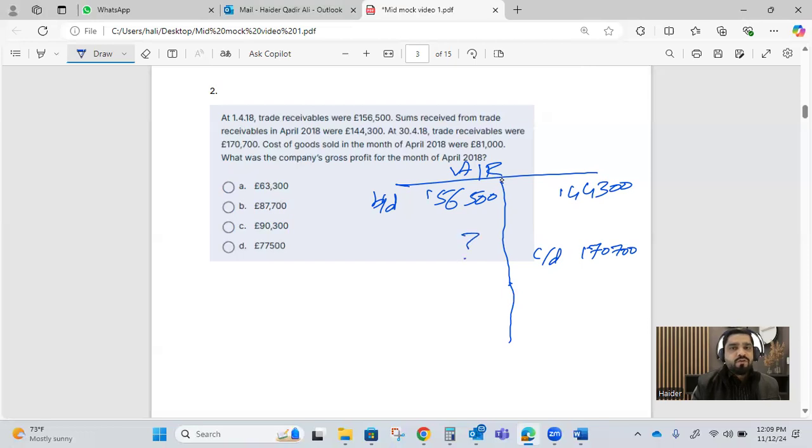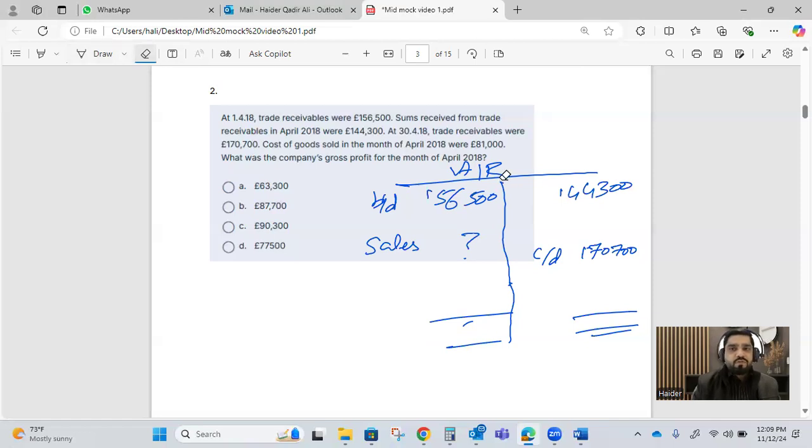So only one value is missing. That's the credit sales. Okay, let's calculate the total of this and find the missing value first. If you total them, the greater side will be the debit side because this is an asset account, 156,500. Sorry, the greater side is this because these are two values and one value is missing here. So the greater side would be this.